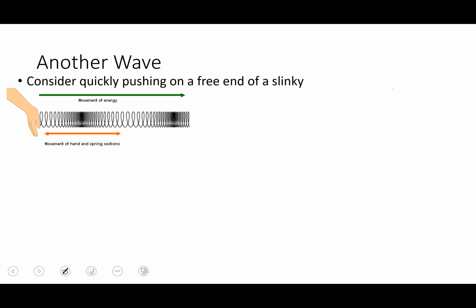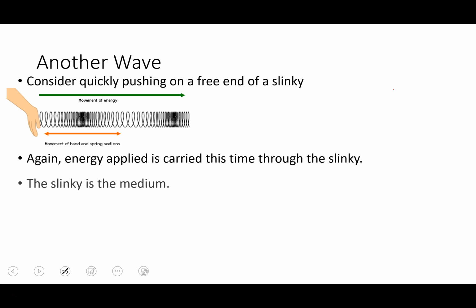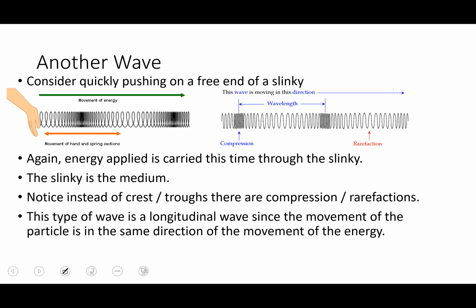and then the other type of wave is called a longitudinal wave. There we go, longitudinal wave. This is the slinky type. An example of this is sound. Here you still have a repeating unit.